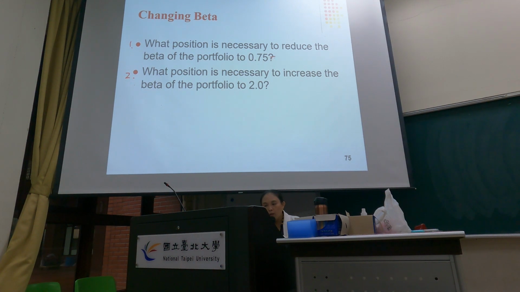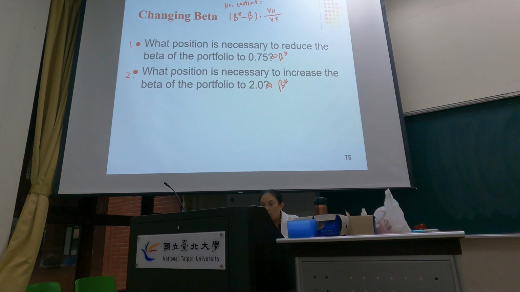This is our beta star, that's your target beta, okay? You want to modify your beta. So in that case, your number of contracts becomes the new formula: beta star minus your old beta, times VA over VF.